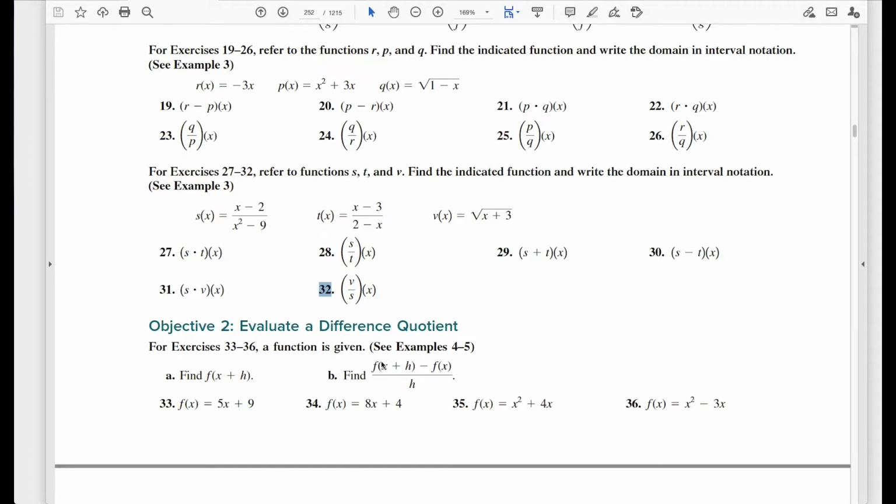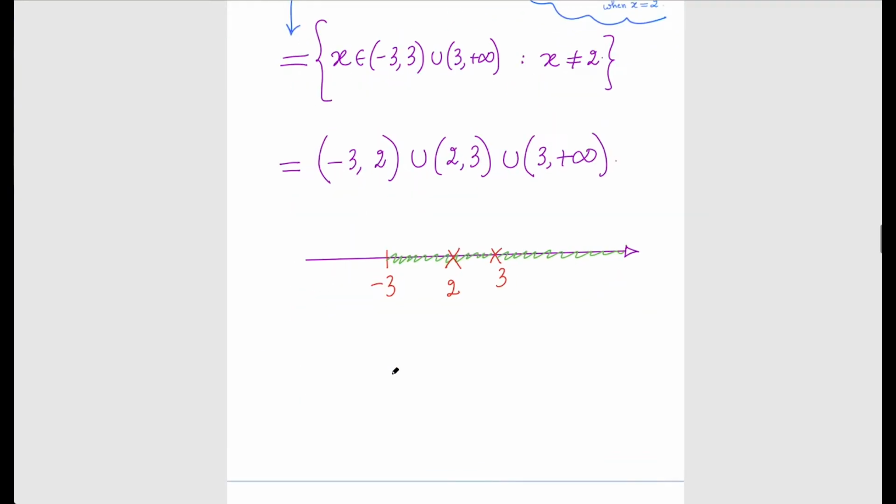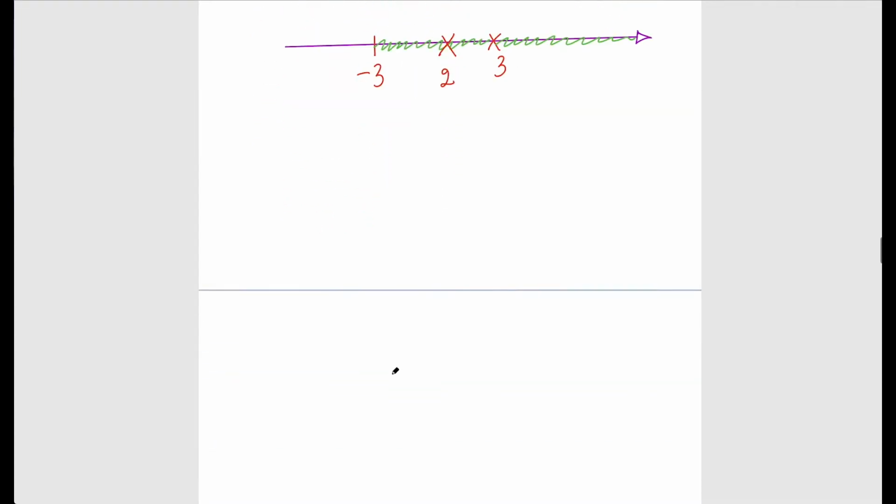Okay, this quotient is very important. For those of you who are going into calculus, you're going to see it a lot in calculus, and it's actually a foundation there. Okay, so let's explain what this quotient means. So let's suppose we have an xy plane, and we have a function there.